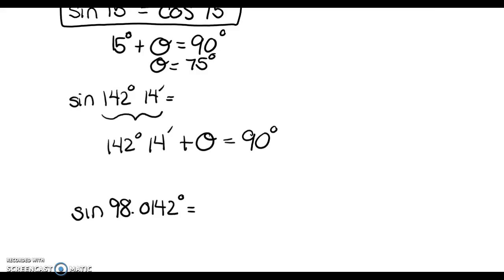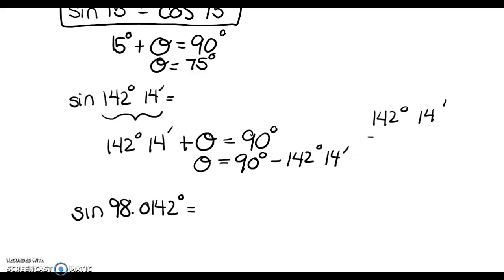So we need to go ahead and subtract some angle to get that. Theta is 90 degrees minus 142 degrees, 14 minutes. So I'm going to subtract bigger minus smaller and then put a negative in front of it. So if I say 142 degrees, 14 minutes, and I subtract 90 degrees, 0 minutes, I get 52 degrees, 14 minutes.